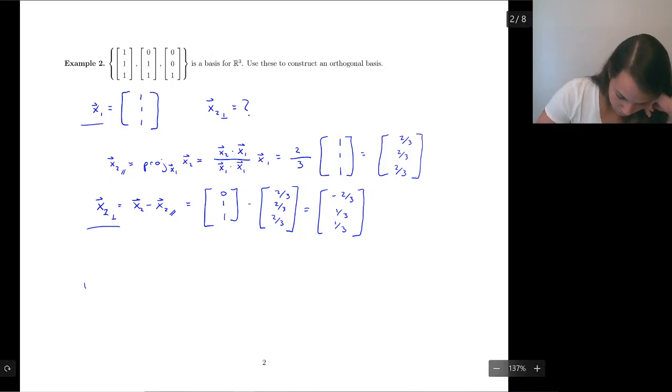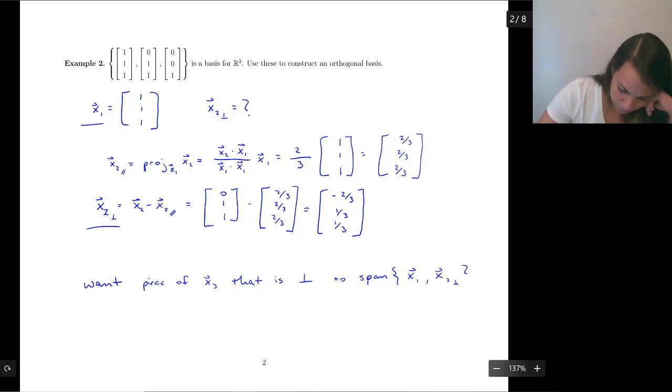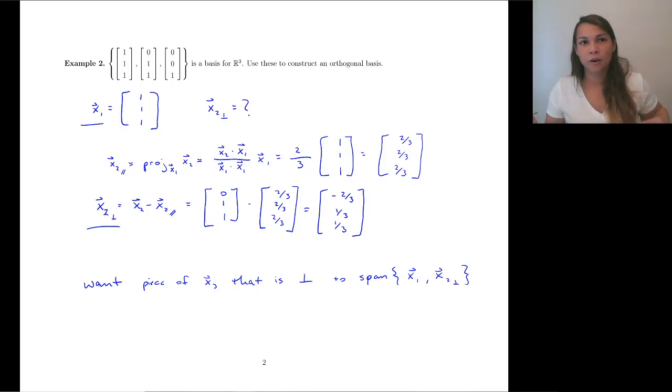So we want the piece of x3 that is perpendicular to the span of x1 and x2 perp. And we're like, oh, we already learned how to find a vector that is perpendicular to an entire space. So let's go ahead and use that now.